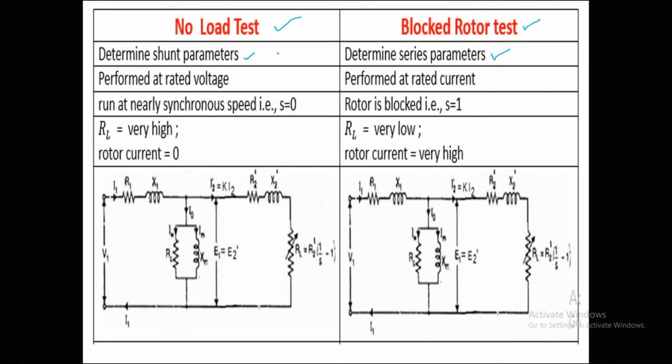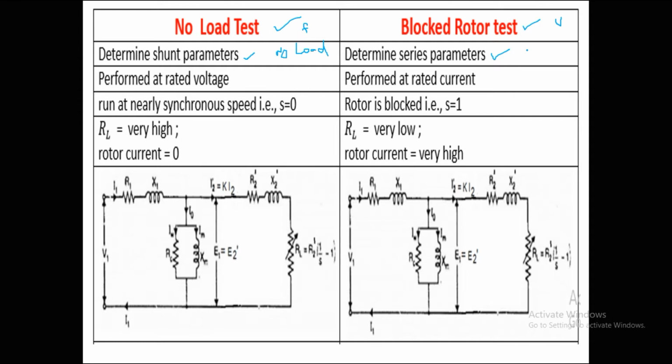So the no load test is for finding the fixed loss and the blocked rotor test is for finding the variable loss. From the name itself, the inference we can get is that we do not have any load on the shaft of the induction motor. So the rotor is free to rotate in the no load test, whereas in the blocked rotor test we are blocking the rotor. It means we are arresting the rotor from its operation, so it is unable to move.